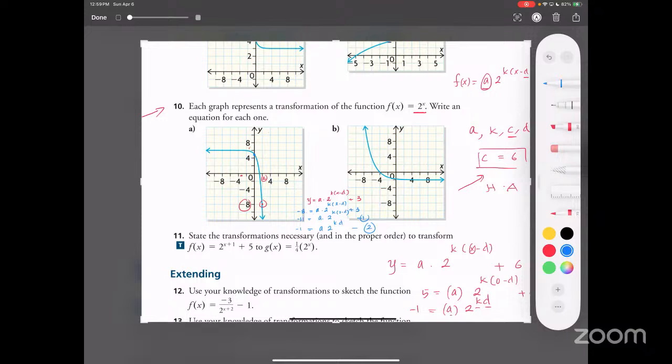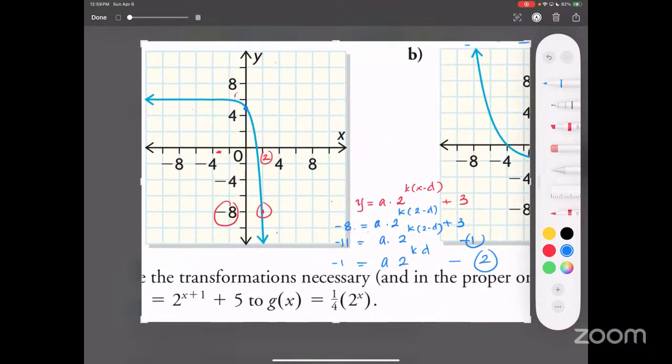Now we need to find another point because we need to find A, K, C, and D. I found D, but we need to find A, K, and C. So the next equation we should be able to create. So we need to plug another point. So we're going to go back to see what's another point we should be able to plug in. So I find -2 comma 8. I can also plug another point.